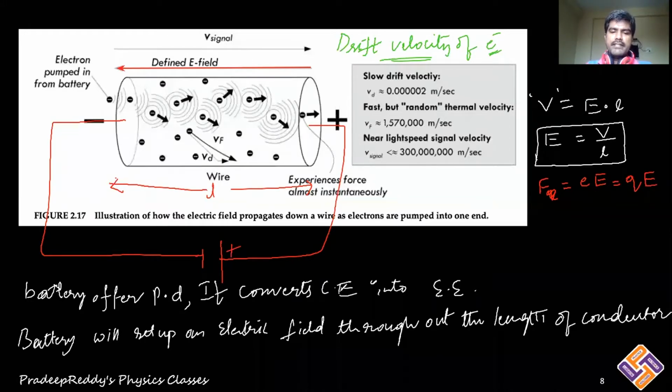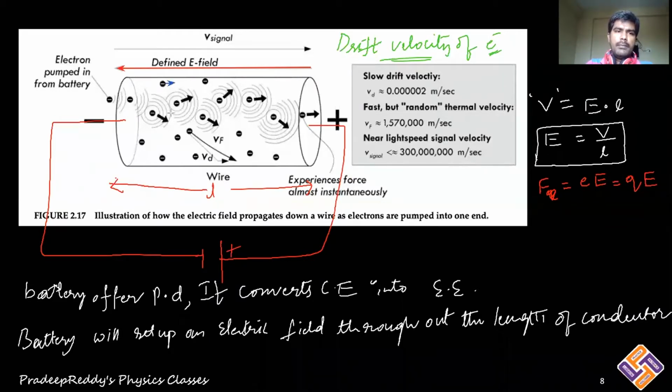As they are experiencing electric force, what would happen? All these electrons, previously they used to move randomly in all directions, but now all these electrons are forced to move in a particular direction.